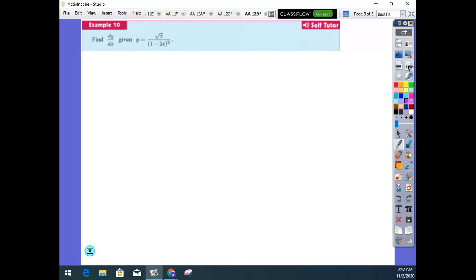Where it gets a little ugly is when they've got square roots with the quotient rule. So here we're going to have to be a little careful. So there's my U and my V. Square the bottom, V U prime minus U V prime. All right.